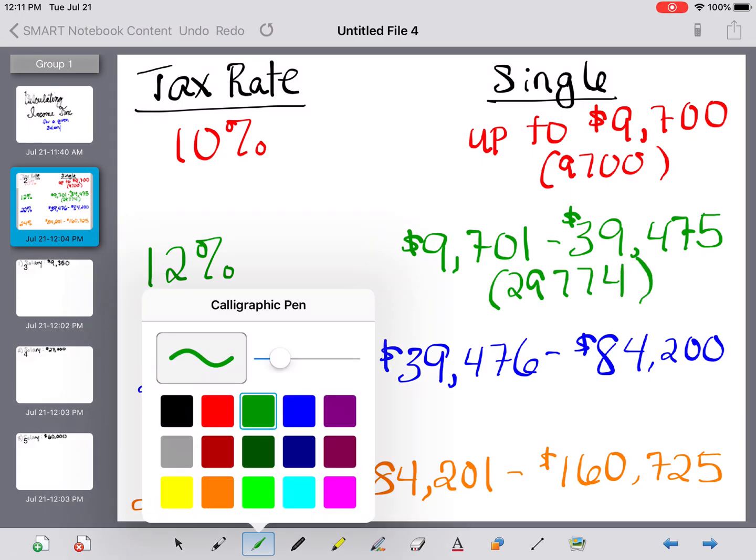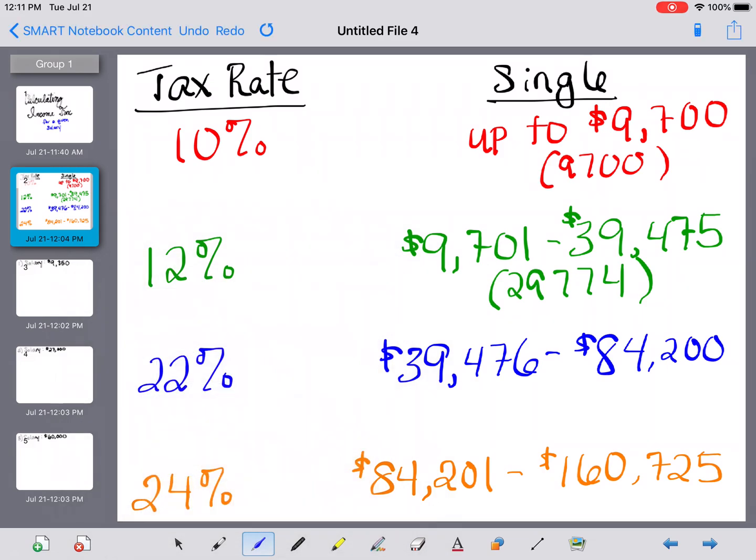And the last one we're going to do is the blue one. We're going to do the exact same thing. I'm going to do 84,200 subtract 39,476 to get the maximum of this tax rate, which is 44,724. These numbers are going to be helpful to us later on.